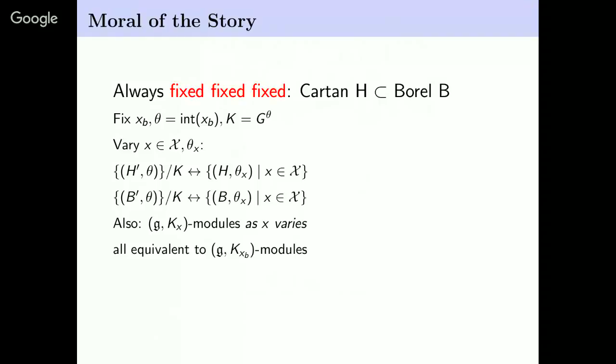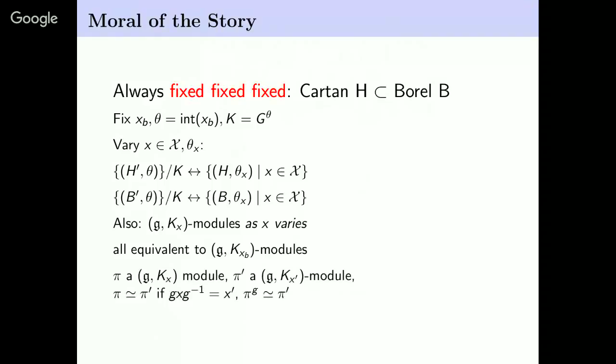As you vary x, you're getting these (g,K_x) modules, but by using this conjugation, you could conjugate them all back to the fixed (g,K) or (g,K_xb) modules. So that's something that's varying at the same time.